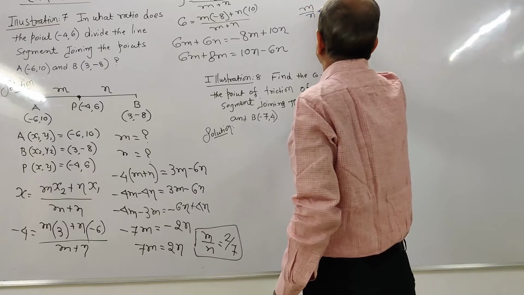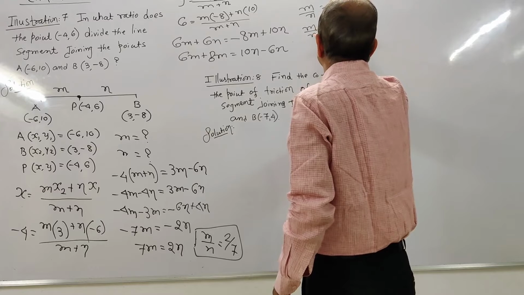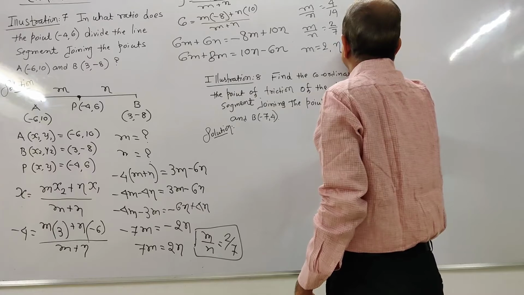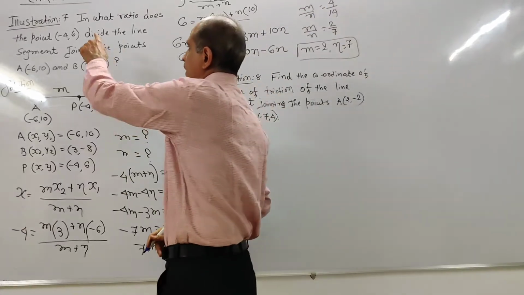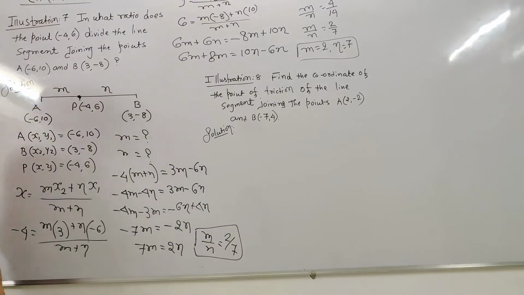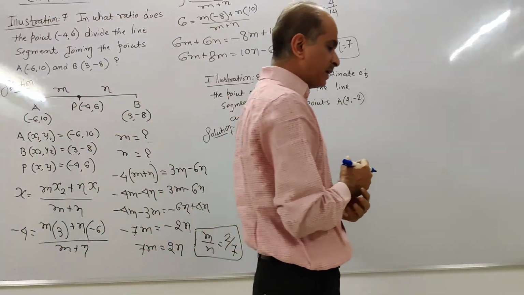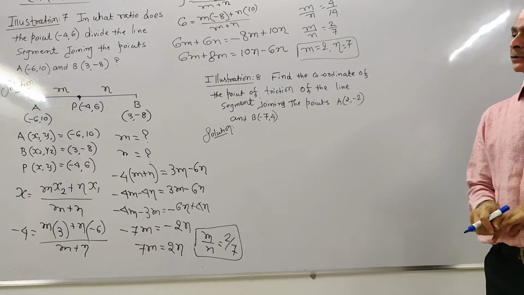So m upon n is equal to 4 by 14, so m upon n is equal to 2 by 7. So you can write m is equal to 2 and n is equal to 7. So the point (-4, 6) divides the line segment joining these two points in the ratio 2:7.